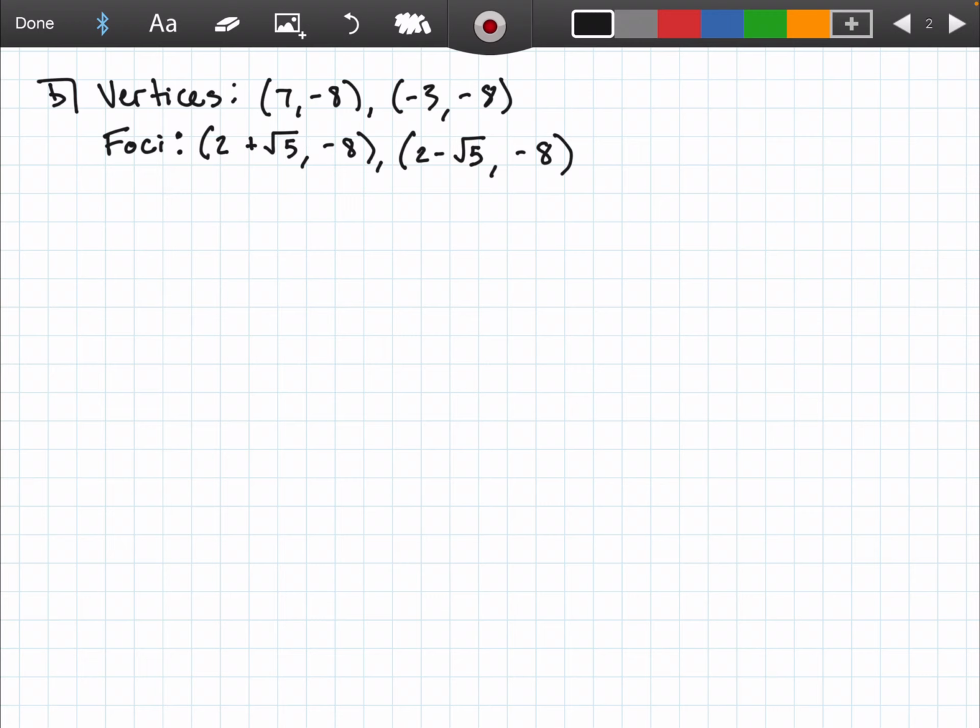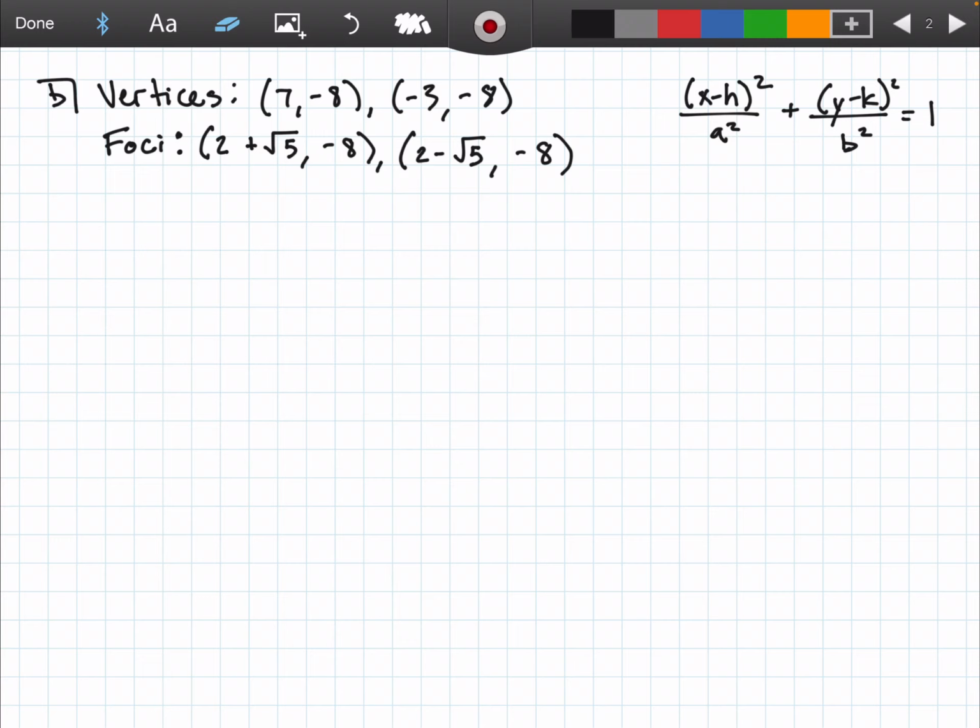Okay, let's see. So with the standard form equation, just going to write that again over here. I need to find h and k, which is the center. I need to find the length from the center to a horizontal vertex, and I need to find the length from the center to a vertical vertex.